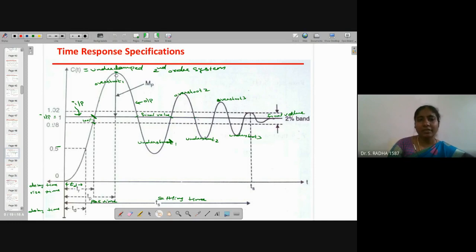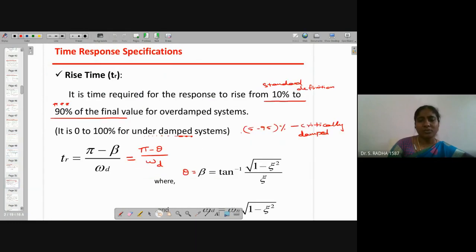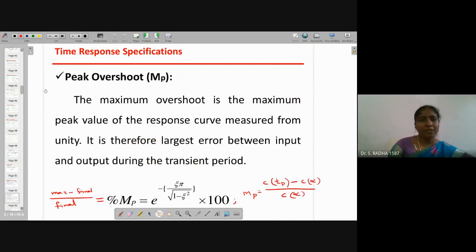So this height is the numerator for MP, peak overshoot, divided by C of infinite, which is 1. The output graph is reaching value 1 at infinity, so that is the formula I have written here for MP.